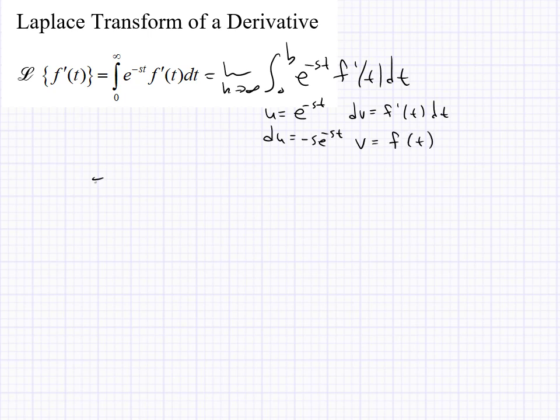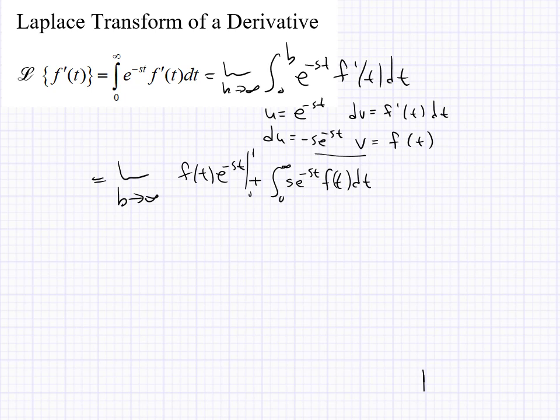So we would get the limit as b goes to infinity of f of t times e to the negative st minus u times v times du, which would then be plus s e to the negative st times f of t dt from 0 to infinity. And this is from 0 to infinity, or 0 to b, I should say.